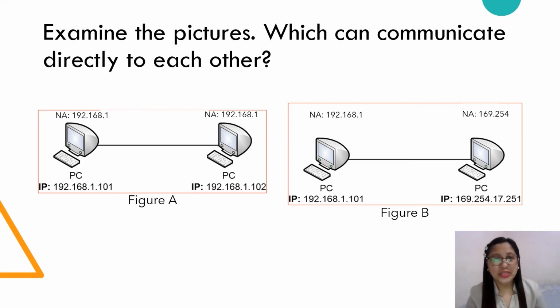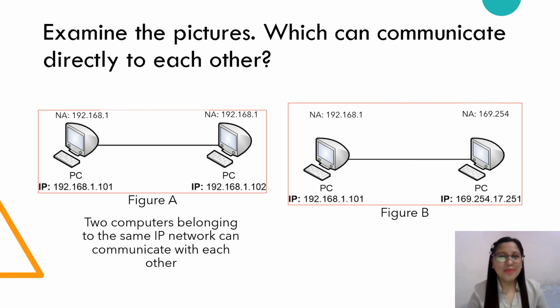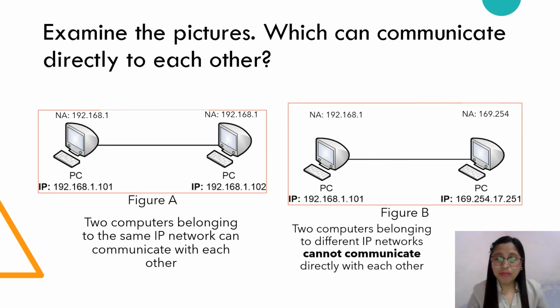Going back to the question, which can communicate directly to each other? Is it figure A or figure B? Yes, figure A shows two computers belonging to the same IP network and therefore can communicate with each other. Figure B shows two computers belonging to different IP networks which cannot communicate directly with each other.